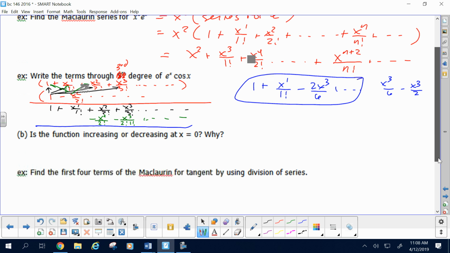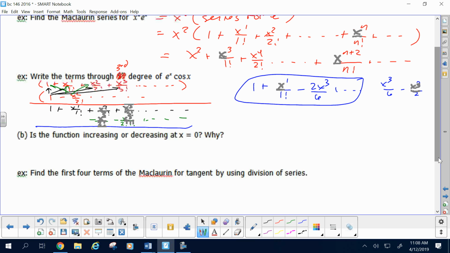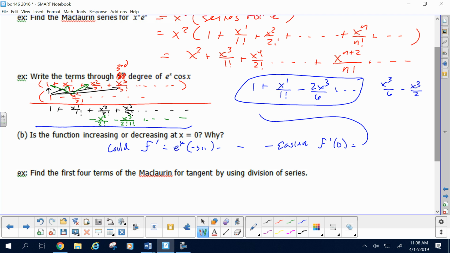Is the function increasing or decreasing at x equals 0 here? Now again, you could just say, well, the first derivative is not too hard of that. I'm so smart with my calculus. I could do that, and you would be fine. But easier would be just to say f prime at 0 is what?